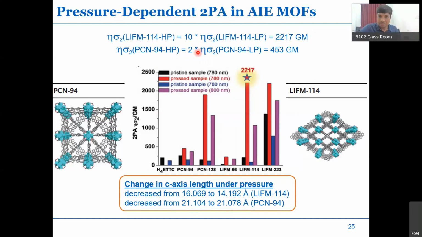In such cases, you see very little change in the absorption cross sections, only 2 times. So by using these materials, you can calculate what pressure you applied. Once you standardize these values, you can use this as a pressure sensor, because we used almost 150 tons of pressure on the frameworks.